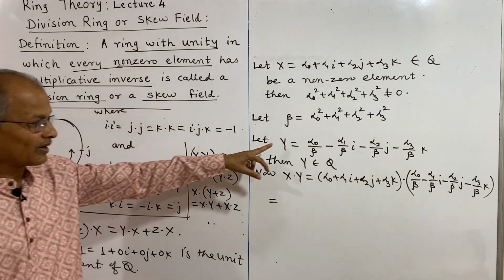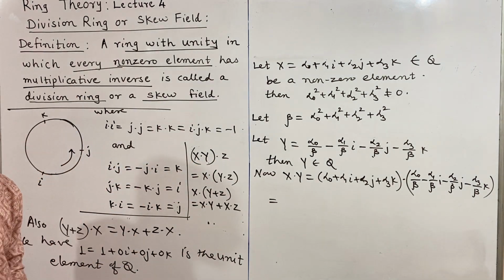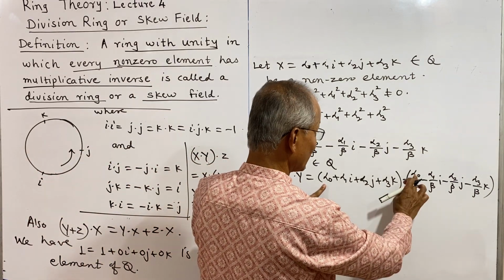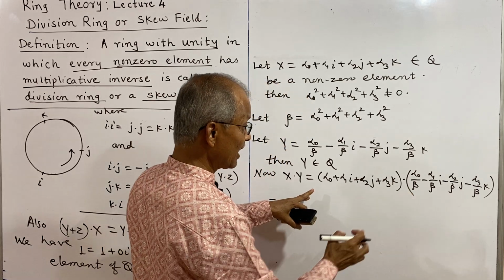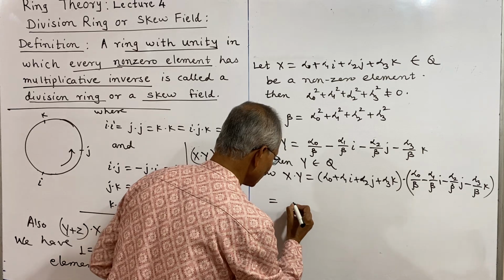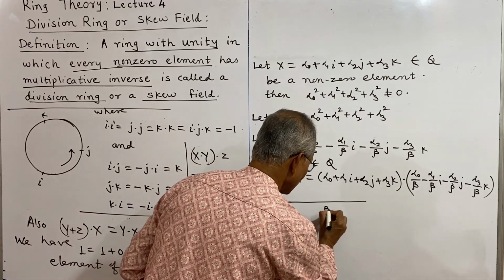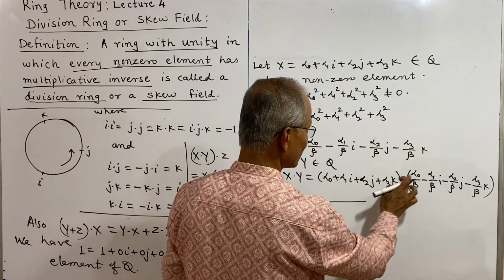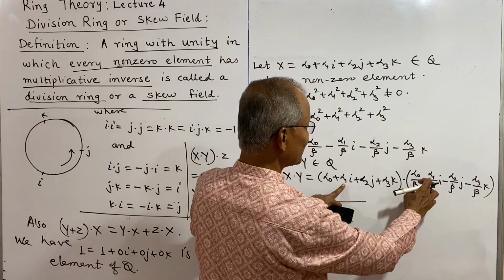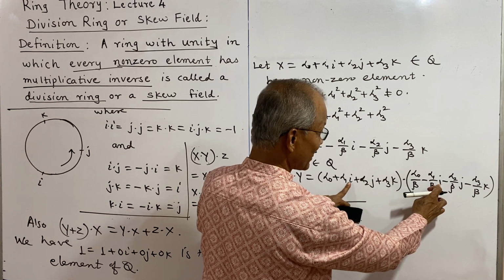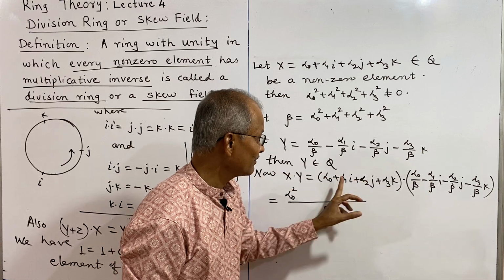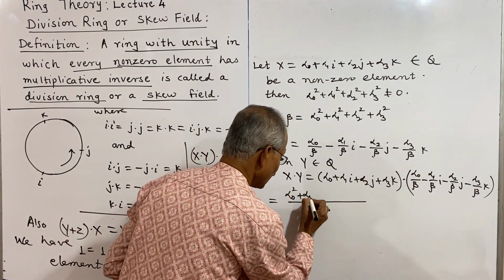Now here y is different, therefore this product will be different. The real part will be alpha naught into alpha naught divided by beta, and the quotient beta is common, so I shall write that quotient beta as common. And what will be the numerator? Alpha naught into alpha naught square, and alpha 1 into alpha 1, i into i is minus 1, and this minus becomes plus, so alpha 1 square plus alpha 1 square.